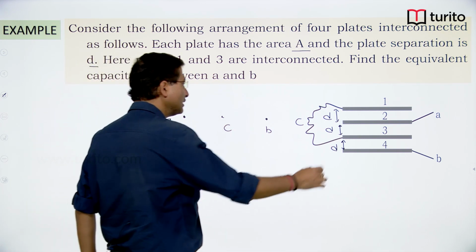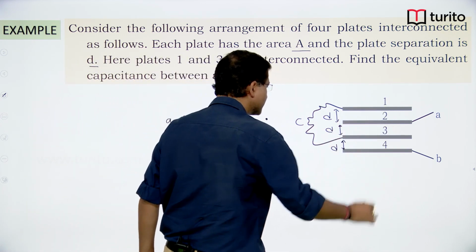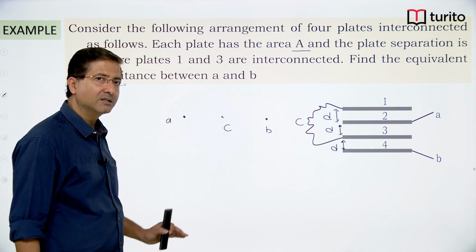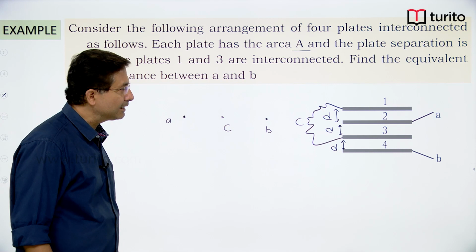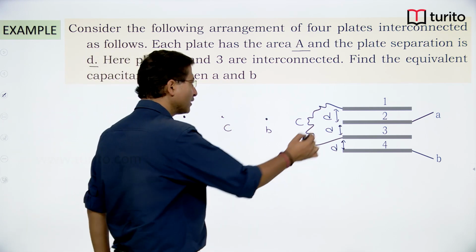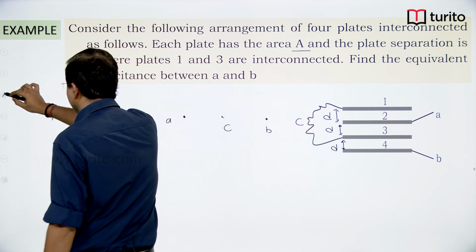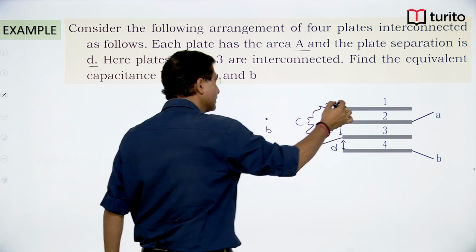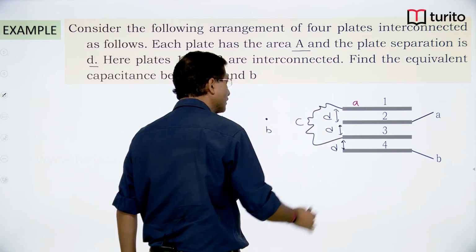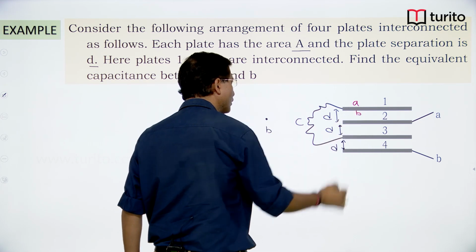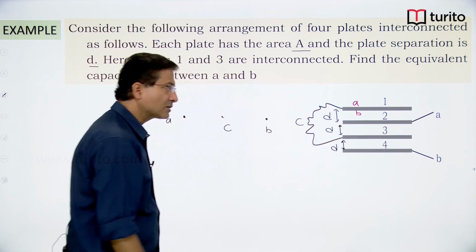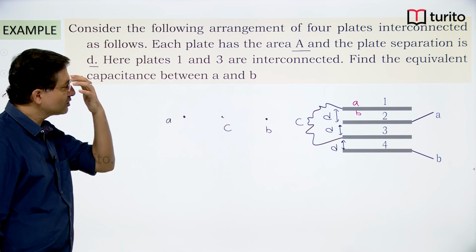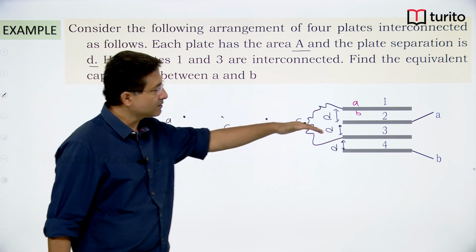So instead of just naming the plate, the best thing we can do is name the surface. If I name the surfaces this way, then we can keep track of every surface after simplifying the diagram, because in higher level problems, the charge on a particular surface will be asked.